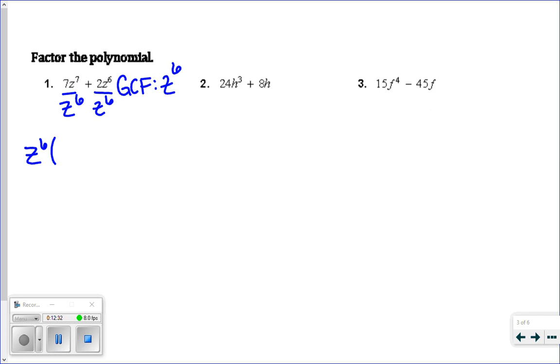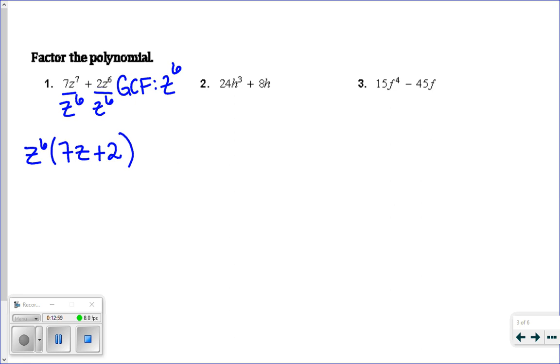In the first term, if I have 7z to the 7th and I divide that by z to the 6th, that leaves me with a 7 and 1 z left over. In the second term, the 2 is still going to be there. 2 divided by 1 is still 2. But the z, I have 6 and I'm pulling them all out to the front. I don't have any z's left in that second term.